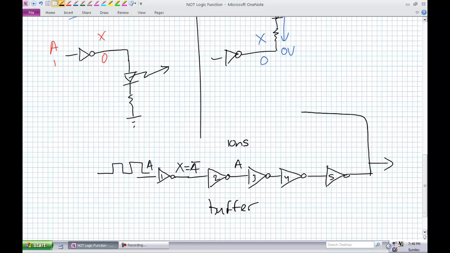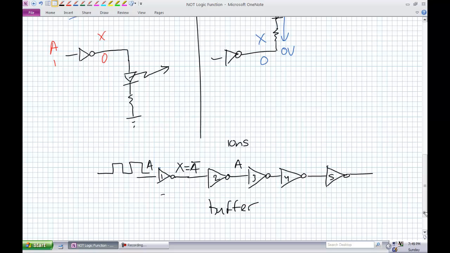What if I fed this one's output back to its input, provided it was an odd number of these things? You would get something pretty cool that oscillated back and forth. An oscillator changes. It's an astable. Astable means it's not stable. It's a clock signal. Don't worry so much about this right now, but think about that.